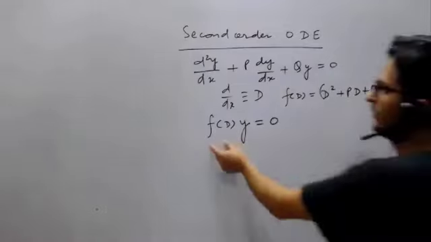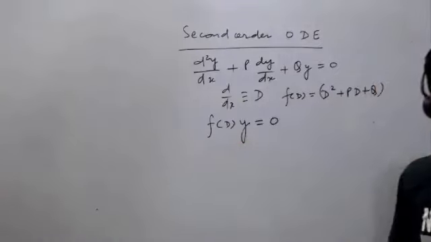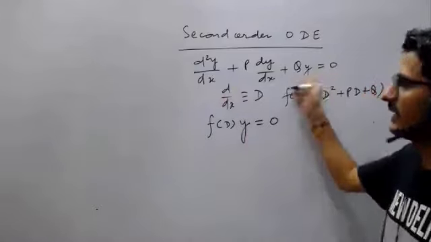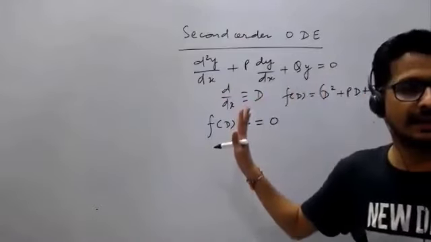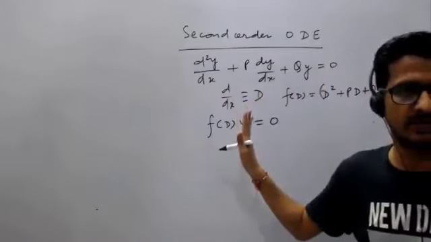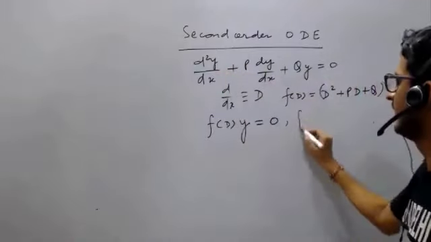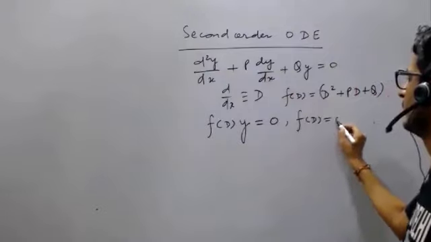So if the product of two quantities is 0, that means one of them is 0. If y is 0, then 0 is equal to 0, but we are not interested in that kind of solution. Obviously, then y is 0, then everything is 0. That's why f(D) will be equal to 0.